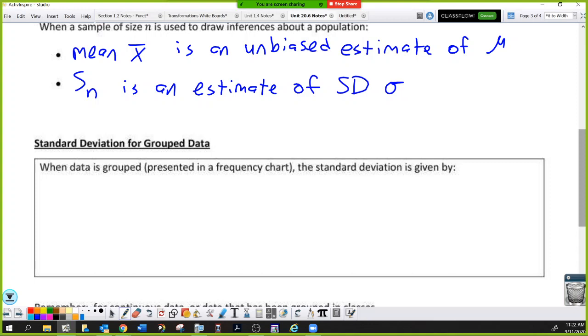So when data is grouped, which would be in a frequency chart, the standard deviation is Sn equals square root of, and we sort of already have this formula. F sub i means frequency of the term, and then you multiply it by this thing that we talked about yesterday.